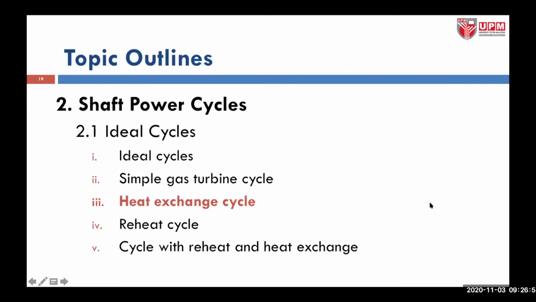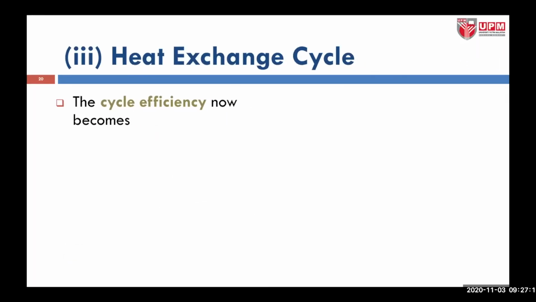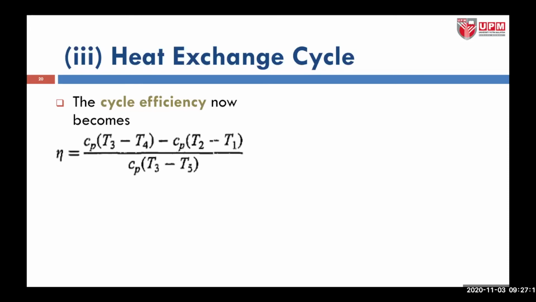Let us now move into the next subtopic on ideal cycles, which is the heat exchange cycle. Earlier we looked into the ideal simple gas turbine cycle, and now we want to move into the heat exchange cycle. For a heat exchange cycle, the cycle efficiency now becomes this expression, where we have another term, T5.